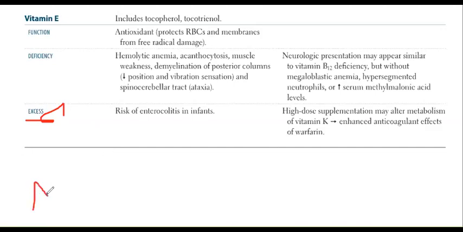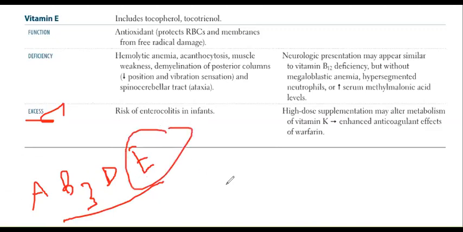The first vitamin was vitamin A, then vitamin B3, we talked about niacin excess, then we talked about vitamin D, and now we have vitamin E. So these four vitamins have excess given in your First Aid, but among all of them, vitamin E is the least toxic vitamin that shows excess. So there can be excess in infants. In adults, it's not too much, and you will not see that, but this is the least toxic.